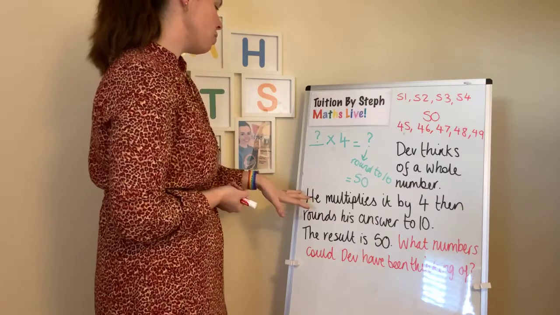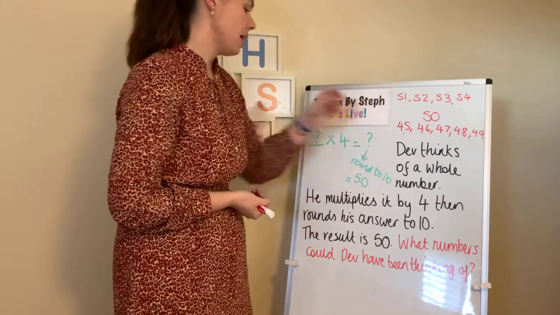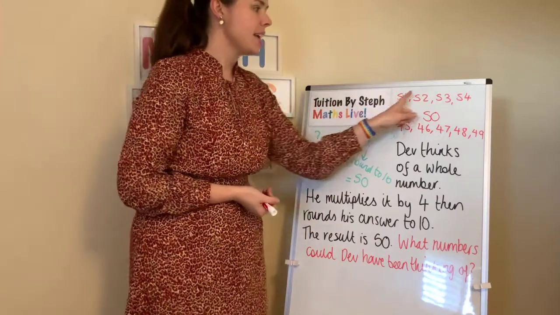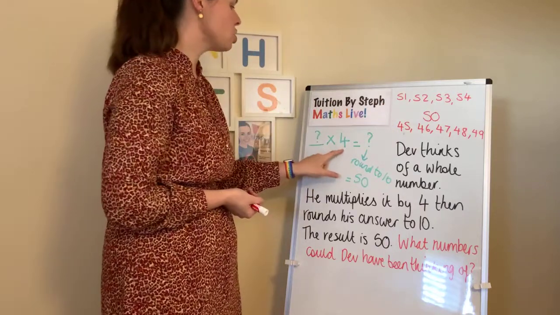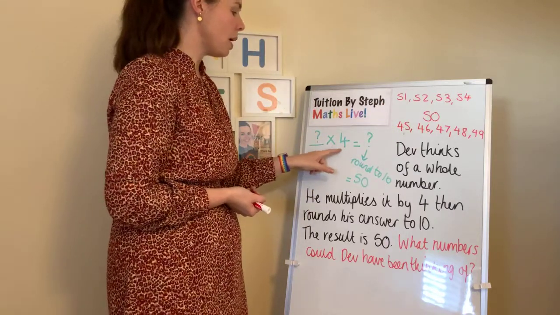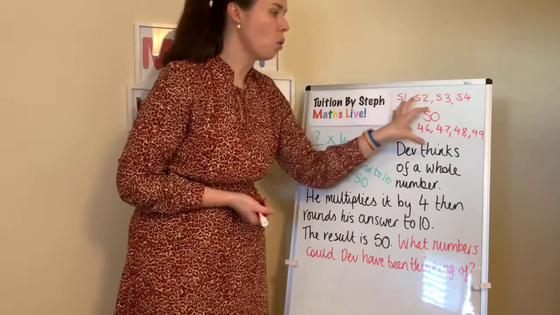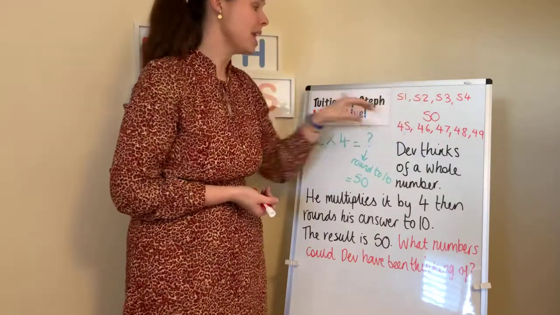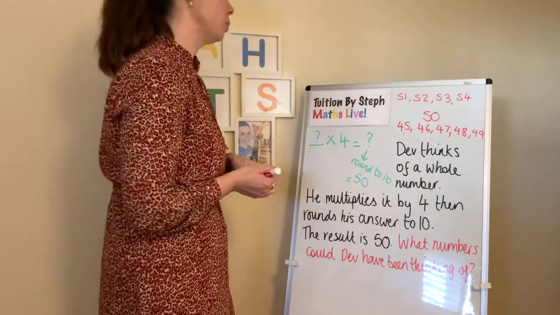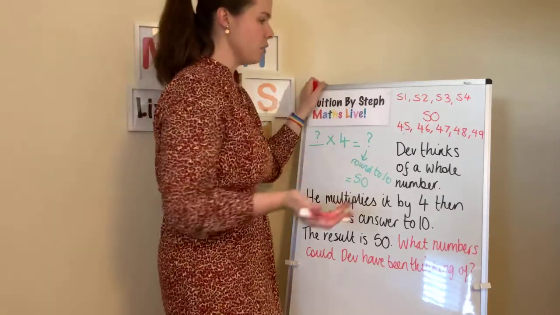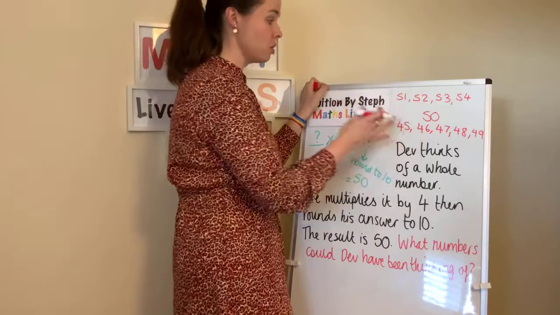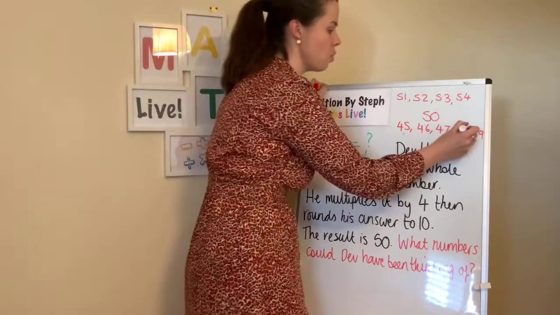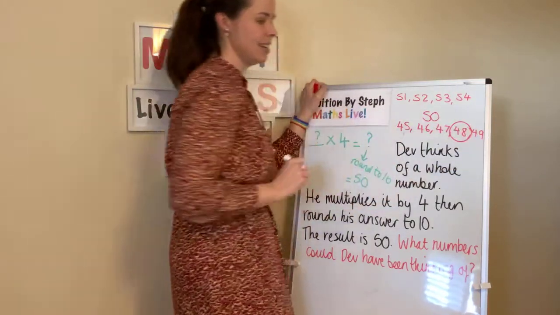So he's multiplied by 4, then he rounds his answer to 10, and the answer is 50. But these are not our answers, because we want to know what number multiplies by 4 to make these answers. So you're actually thinking about which of these numbers is in the 4 times table. 10 fours are 40, that's not there. 11 fours are 44. 12 fours are 48.